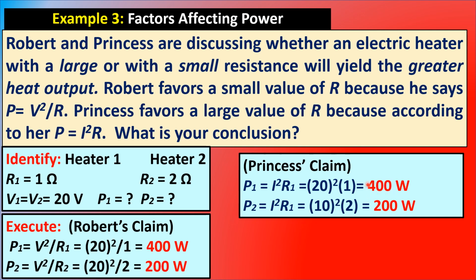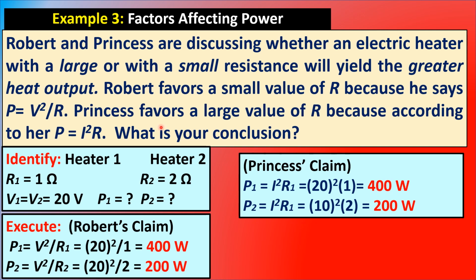But again, who between Robert and Princess is actually correct? P1 refers to the heater with the lower resistance, while P2 refers to the heater with the higher resistance.